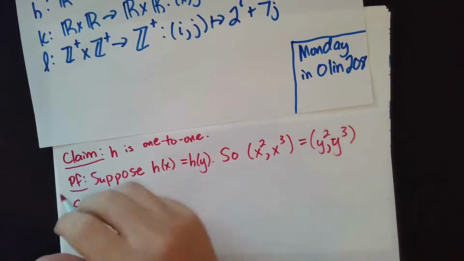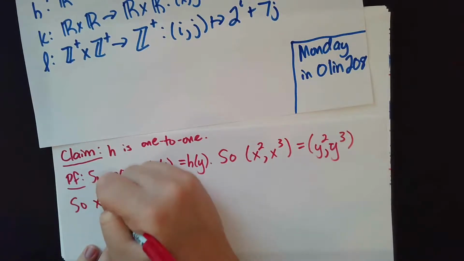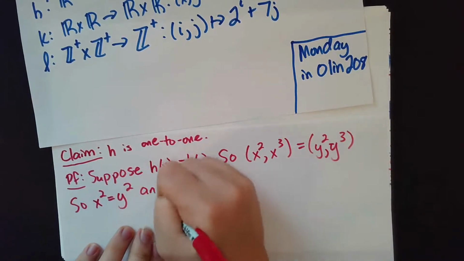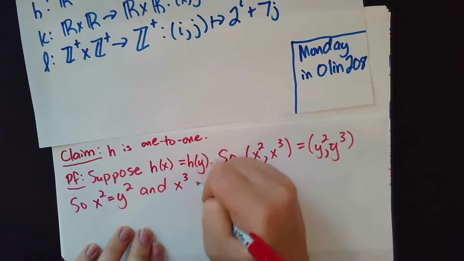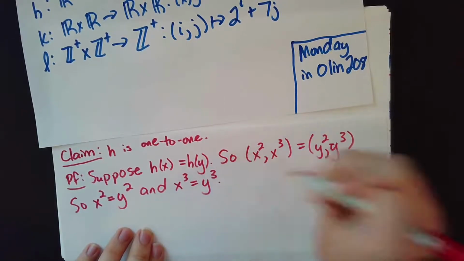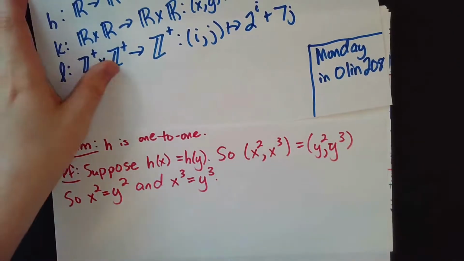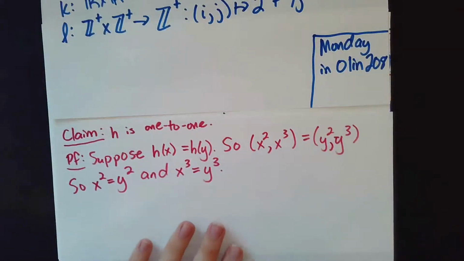So in other words, x squared equals y squared, and x cubed equals y cubed. Now be super careful here, because as we have talked about numerous times in the videos, I definitely can't just take square roots and be done with it. So I have to be a little bit more careful here.